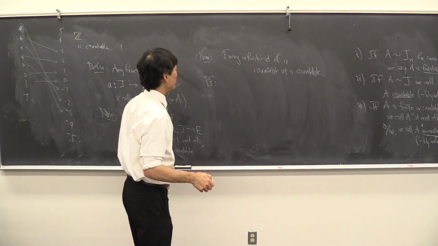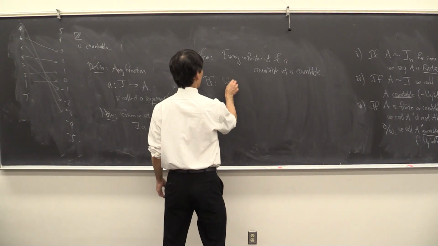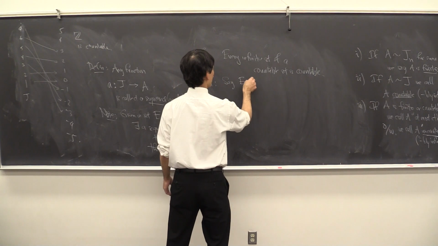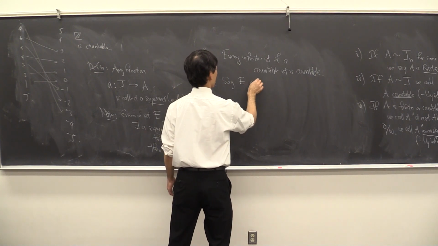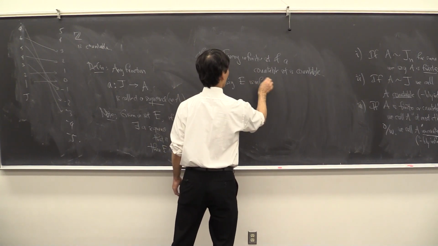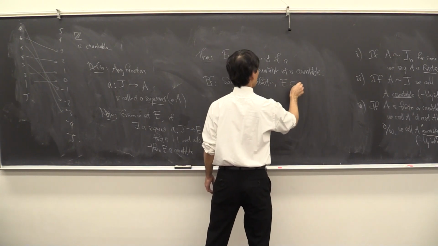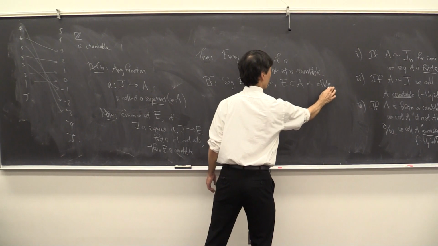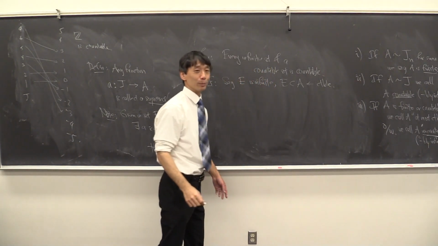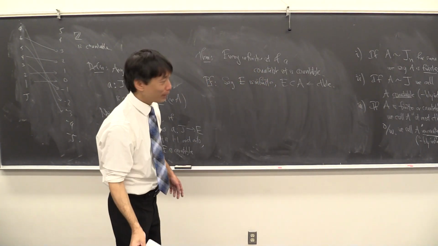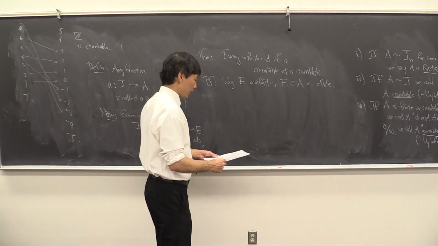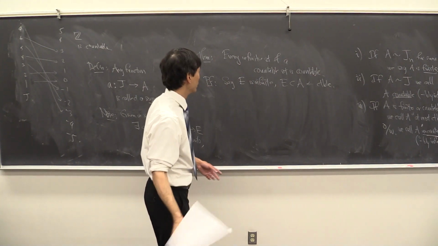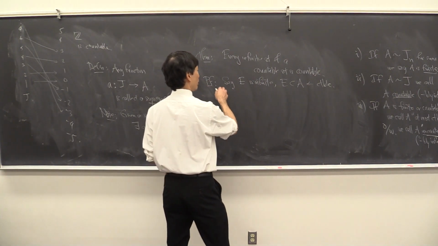Anyway, let me show you how you prove that. Say E is an infinite set and E is a subset of A, which is countable. I always abbreviate countable. What do we want to do?